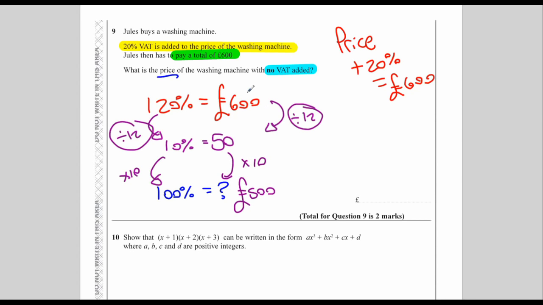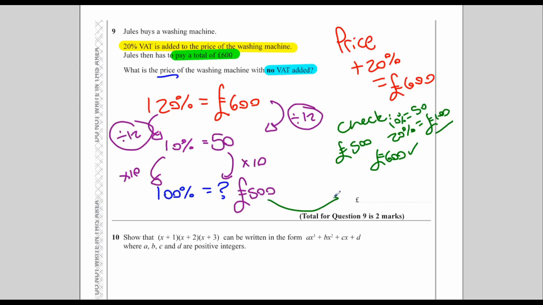Now the good thing is we can check this. So let's check. If the price is 500, 20% equals, well, 10% is 50, 20% is 100, so add your VAT on, that's 600, so it's correct. So chuck 500 in your answer, and you know you've got it right. 2 marks in the bag.